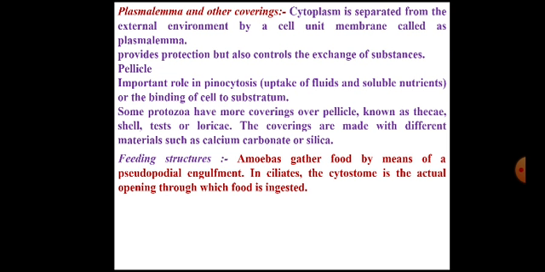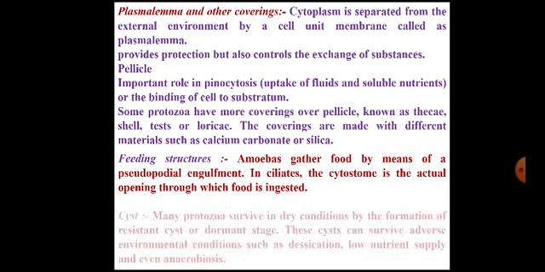Whereas in case of ciliates, the cytosome is the actual opening through which the food is ingested. That means ciliates like paramecium actually have a mouth-like part, which is responsible for the ingestion of food material.